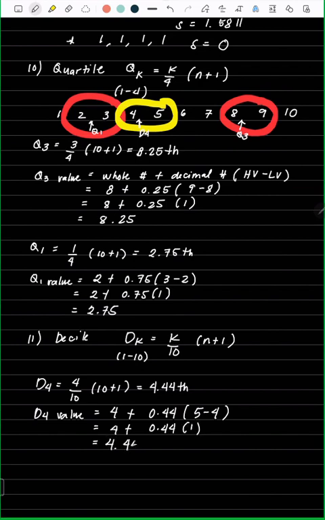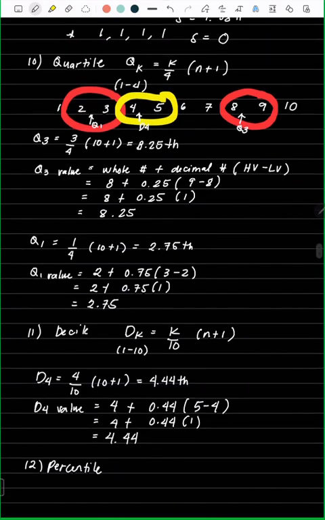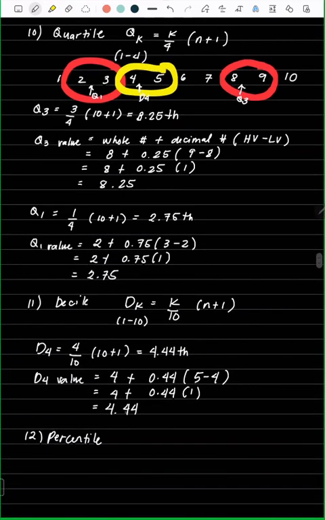Following the formula to get my D4 value, that would be 4 plus 0.4 multiplied to 5 minus 4. So that would be 4 plus 0.4 multiplied to 1. So our D4 value would be equivalent to 4.4.